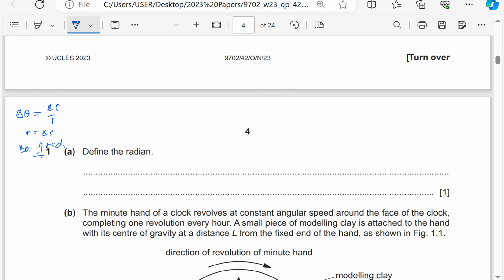We shall define a radian as the angle subtended at the center of the circle when the arc length equals the radius. That's what we mean by a radian, the angle subtended at the center of a circle when the arc length equals the radius.